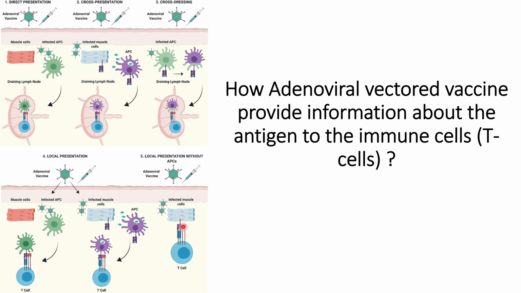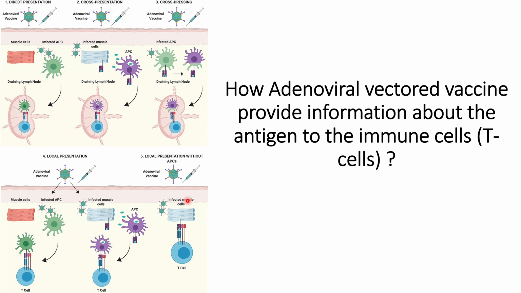So what will happen is that the muscle cells get infected with this adeno associated virus at the site of injection, and thereafter those muscle cells directly provide information to the T cells without requiring any intermediate, that is antigen presenting cells. So this is known as local presentation without antigen presenting cells.